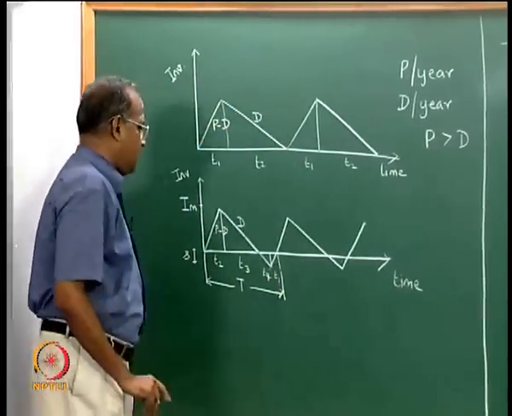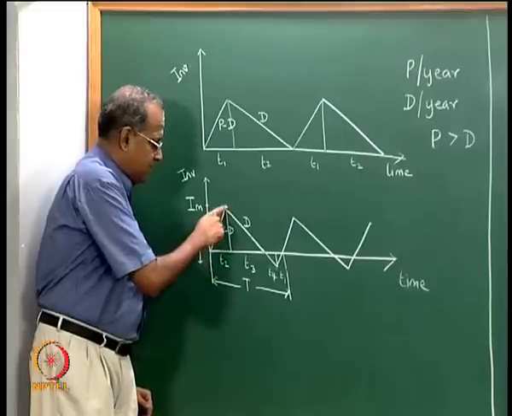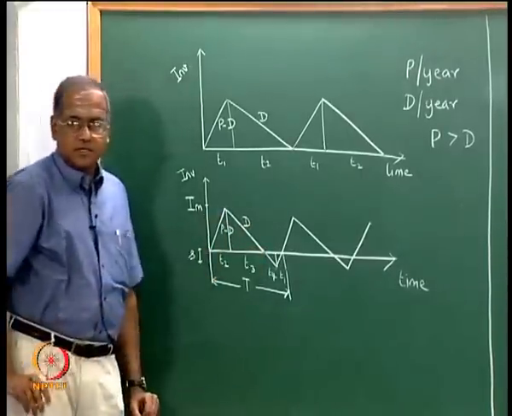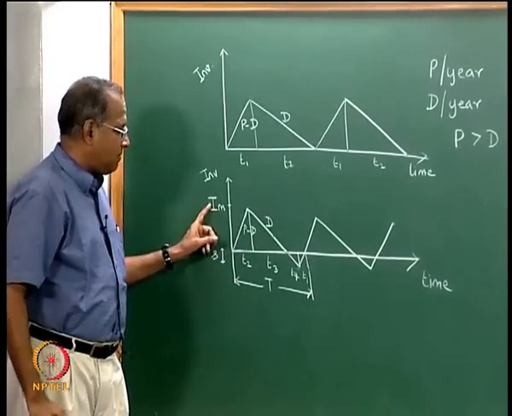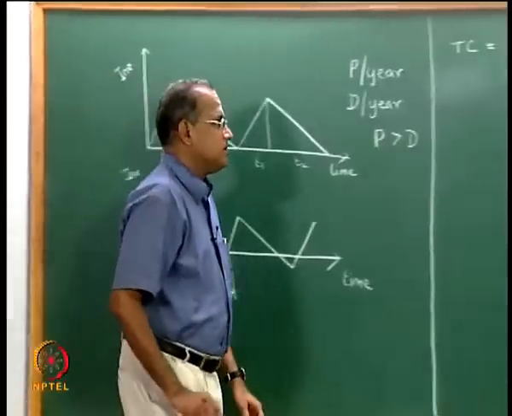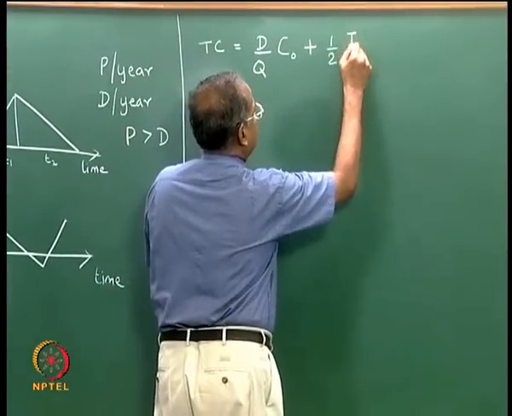So we said the total inventory that is held in a cycle is the area under this curve, which is half into base into height. So half into IM into T2 plus T3, that is the total inventory.